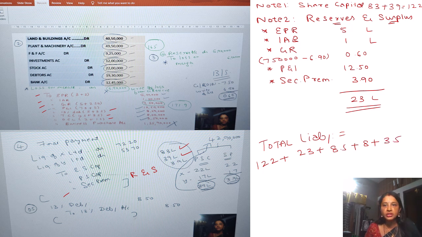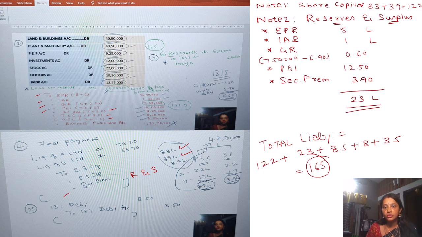So when you total all these things, you will get a total of 165. So this is your liabilities. Now coming to the asset side, you will take all these assets, whichever are written in the debit column in the second entry. See, the total is 165. The total assets is 165.